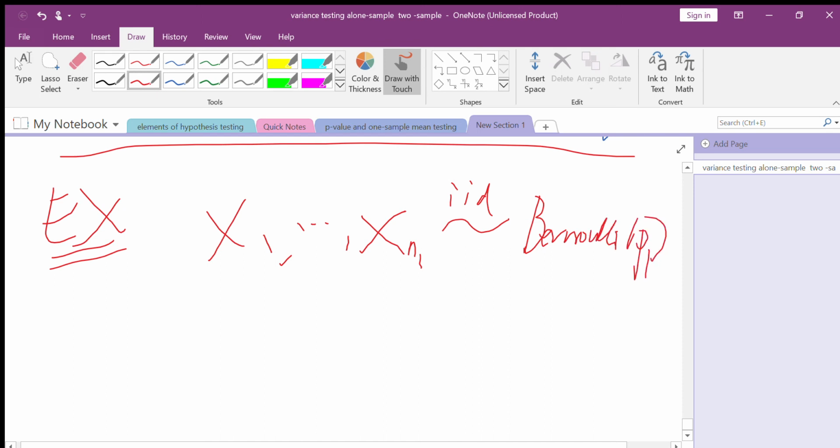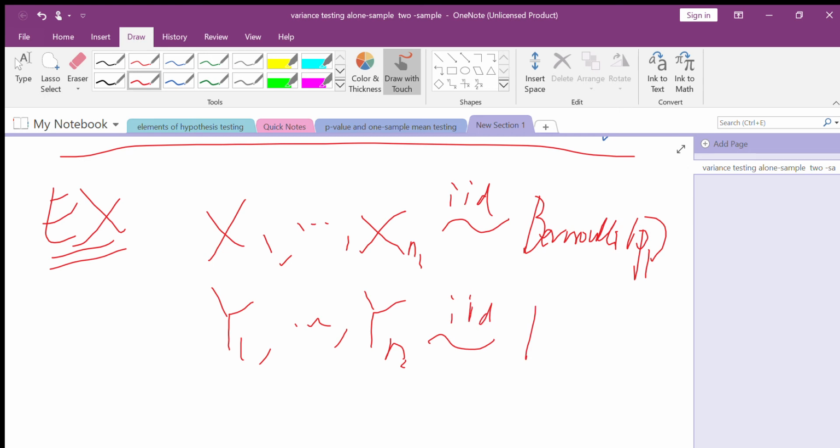Suppose the first sample X1 all the way to Xn1 is a random sample following Bernoulli p1, and the second sample Y1 all the way to Yn2 is a random sample following Bernoulli with probability p2.